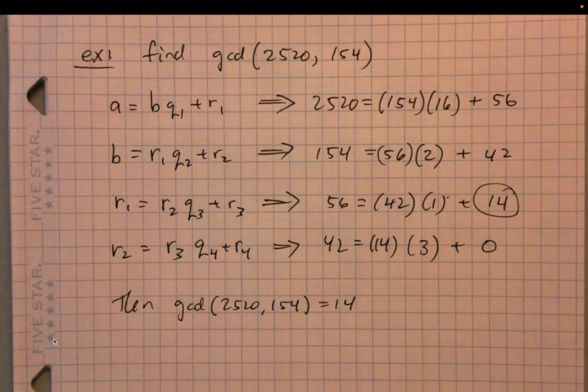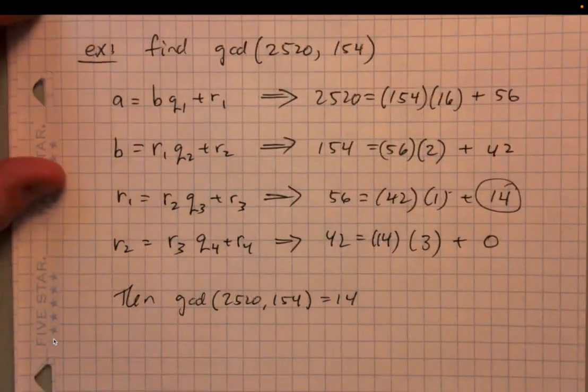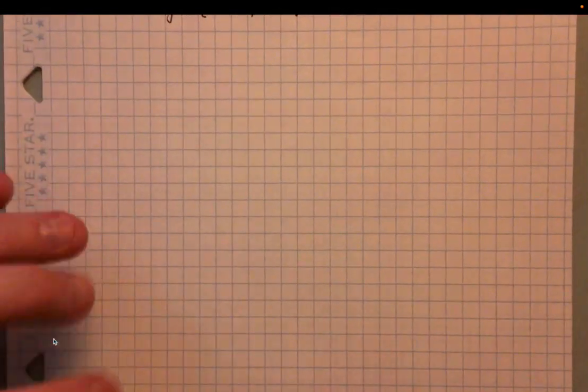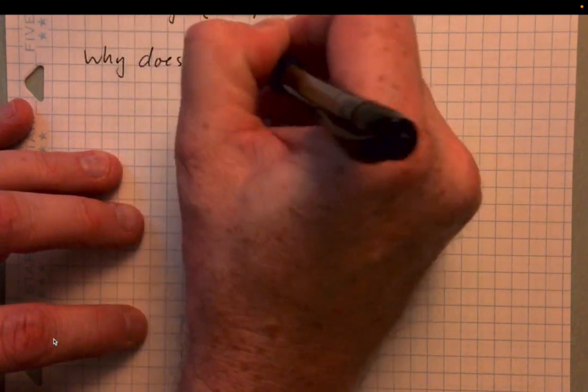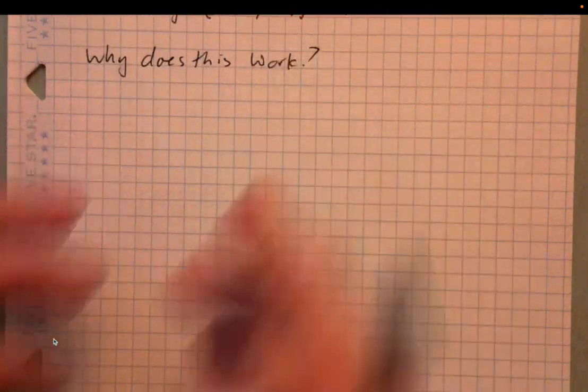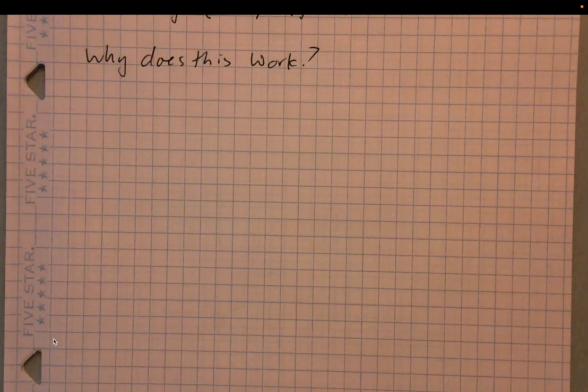All right. So that's fascinating, but why in the world does this work? Okay, why does this work? What is going on here, really? Well, let's take a look at this.